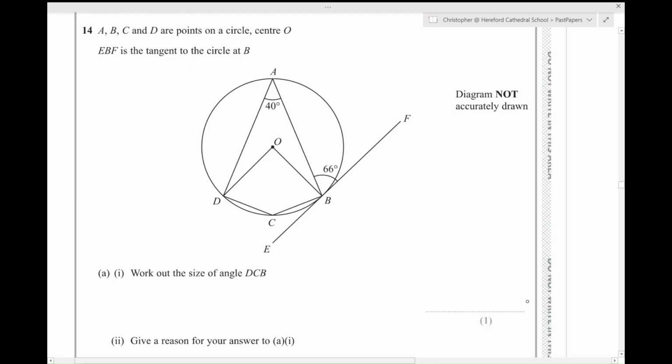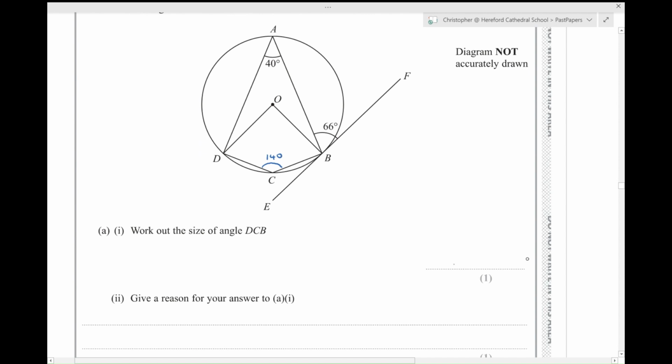Question 14. Right, I've got to work out the size of angle DCB. DCB, which is this one here. Now I can see that ADCB is a cyclic quadrilateral. So opposite angles add up to 180. So it must be 140.